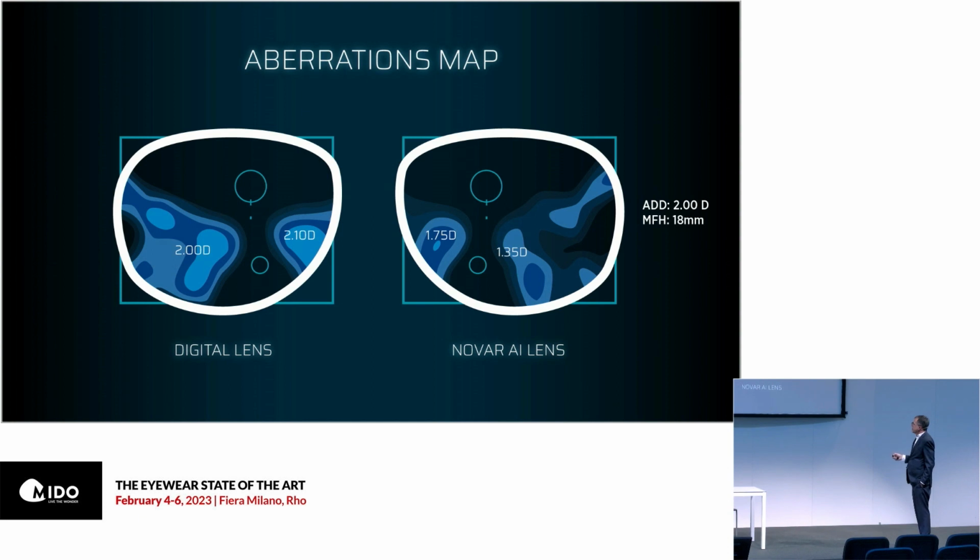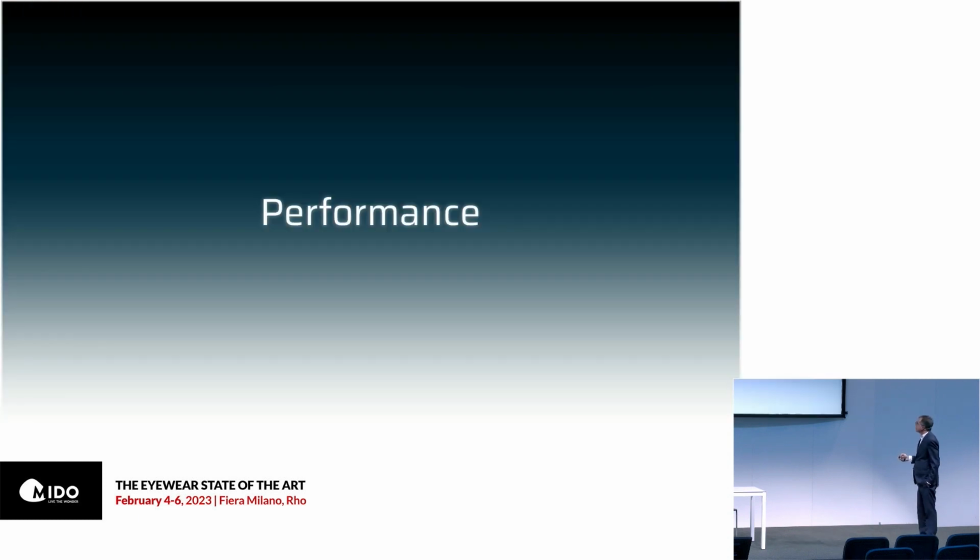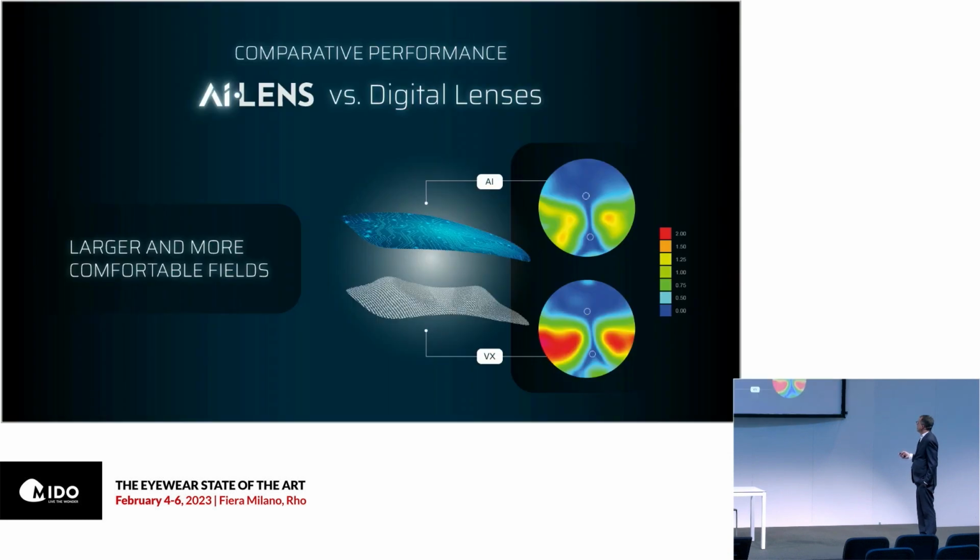If we look in detail, you will see that the field of view of this lens is almost the same as the digital lens on the left, but the algorithm was strong enough to reduce the peripheral aberrations. That is the idea of what we want to do. Speaking about performance, this is a real mapping of the lens, MFH 18, addition 2.